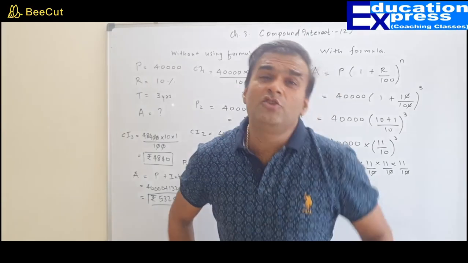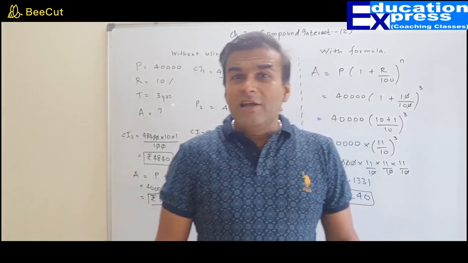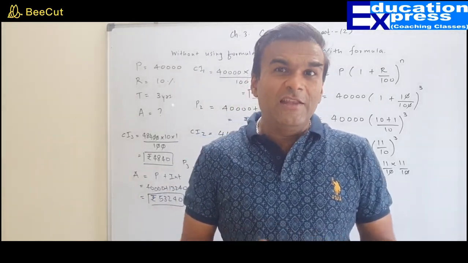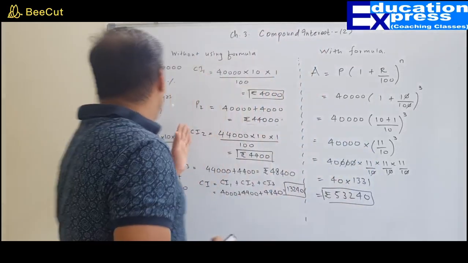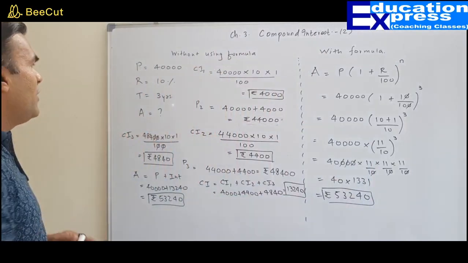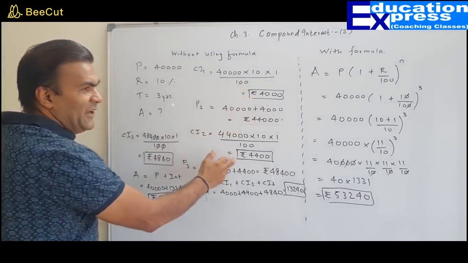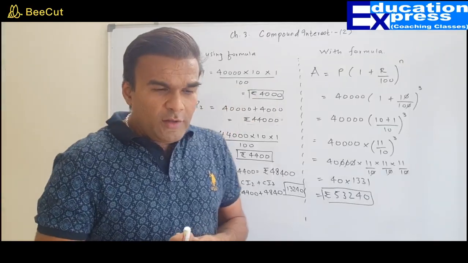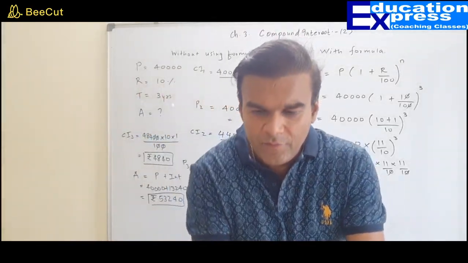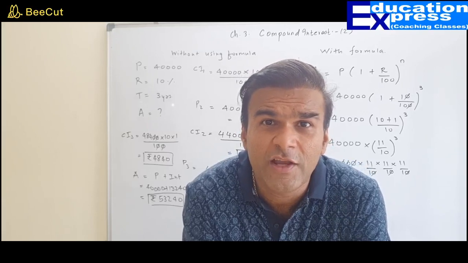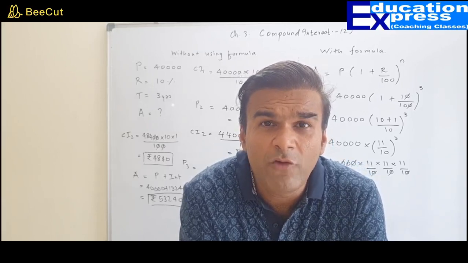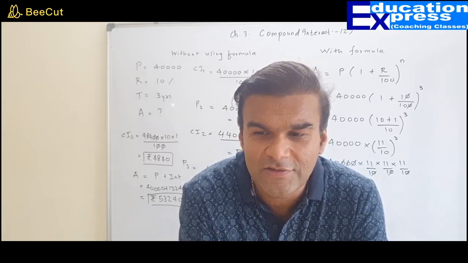Imagine if I had asked you a question like, for example, what is the interest earned for the first year and the second year? This method can surely give you the first year interest and the second year interest. So the analogy of the slow train and the fast train, each of them has its own advantages and disadvantages.